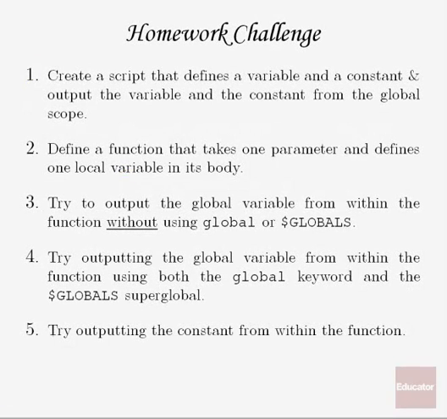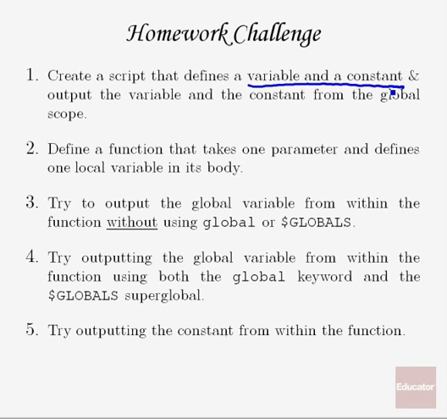So for today's homework challenge, I want you to get a little practice with trying to understand this scope concept that we've introduced. I'd like you to create a script that defines a variable and a constant. When you define them in the main script, that means those have global scope. Then output them to show that within the script you have access to those.